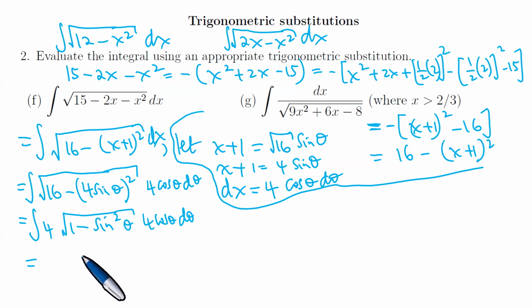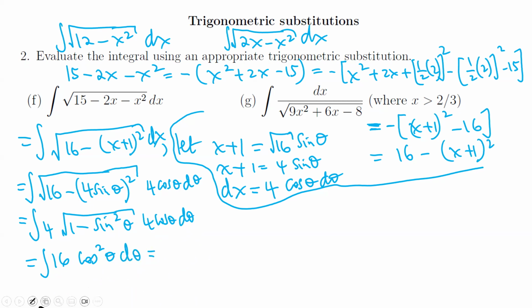It is cosine squared. The square root of cosine squared is cosine theta. There's a 4 times 4, which gives us 16, cosine squared theta d theta.